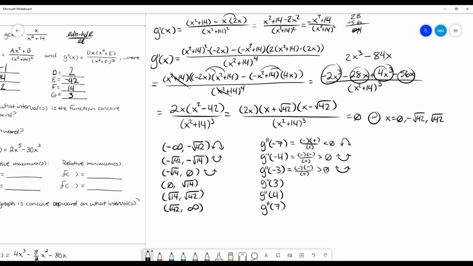Okay, plug in a positive 3. This time I get a positive, but this is going to be 9 minus 42. So that's negative over a positive, which those don't cancel, so that's less than 0. Concave down. Plug in a 4. Same deal, it's going to be positive because of 2 times 4, but 16 minus 42 is negative.